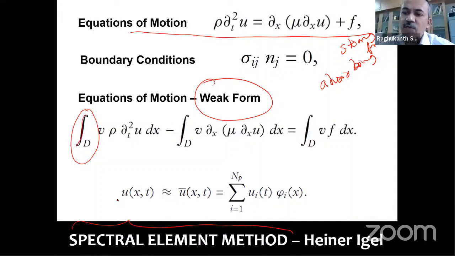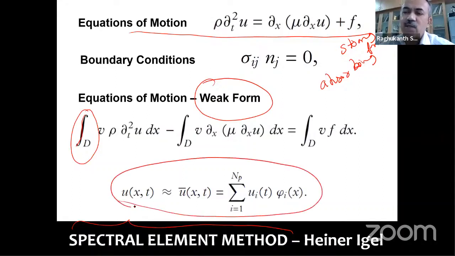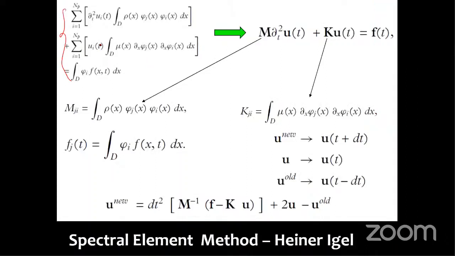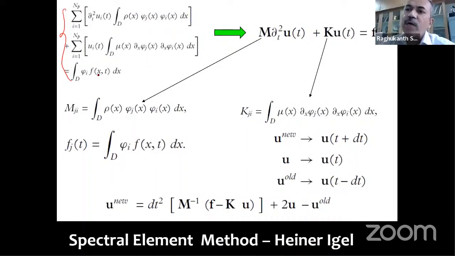If you use separation of variables, time and space, and substitute in this equation, we get this equation, in which u of t and the space terms are separate. Now this portion you can write in terms of a mass matrix and stiffness matrix.